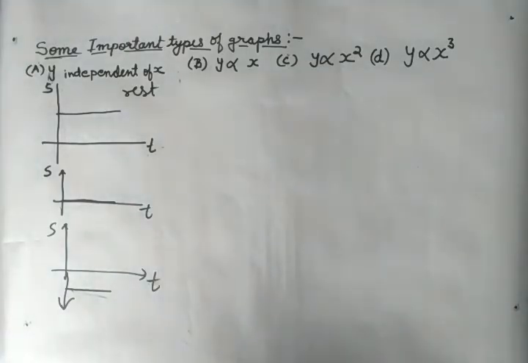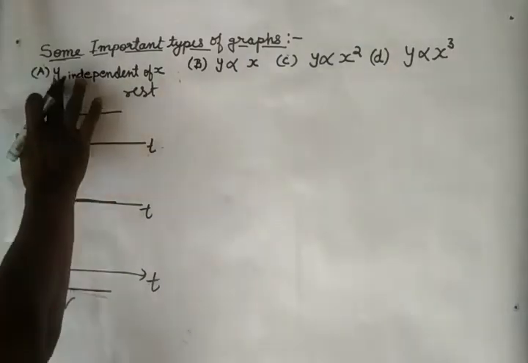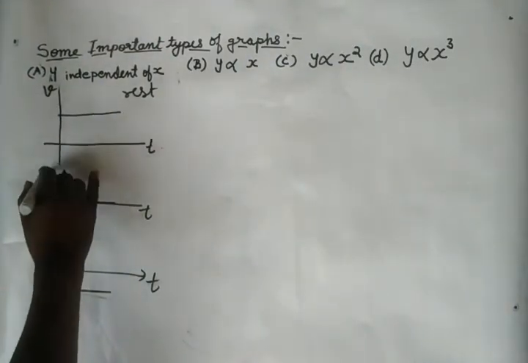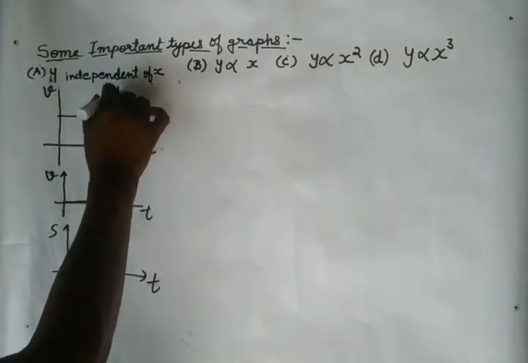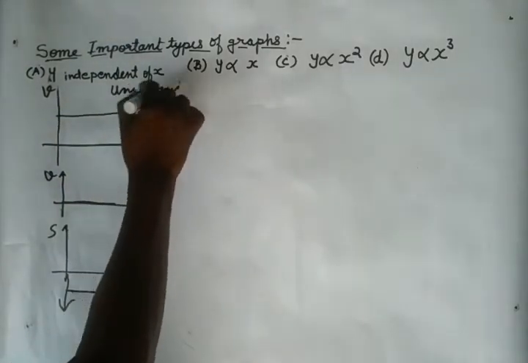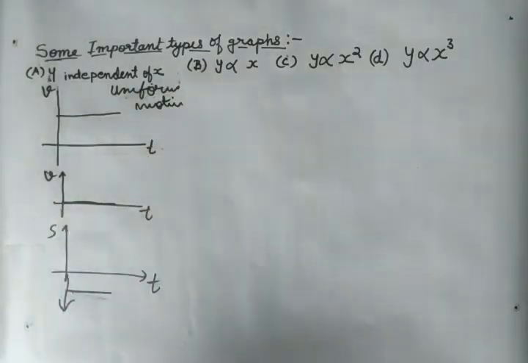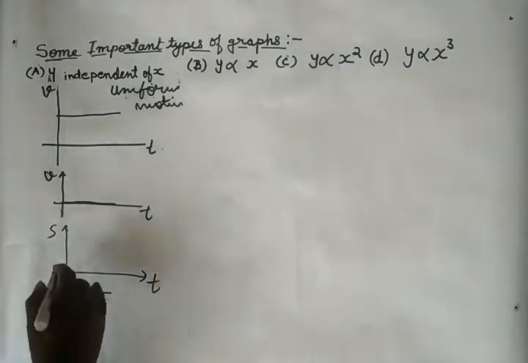Okay, in the same way, there can be a condition of constant velocity. So for constant velocity or uniform motion, it is like this. For uniform motion, velocity does not depend upon time because velocity is constant. So we can say it is an independent graph, of something which is independent of that other factor which we are including.